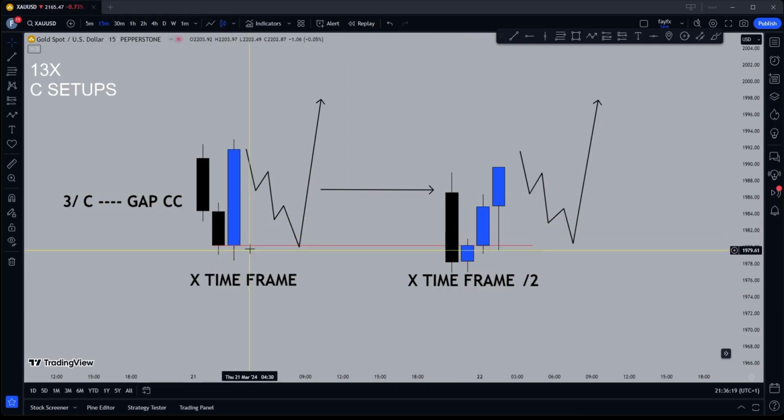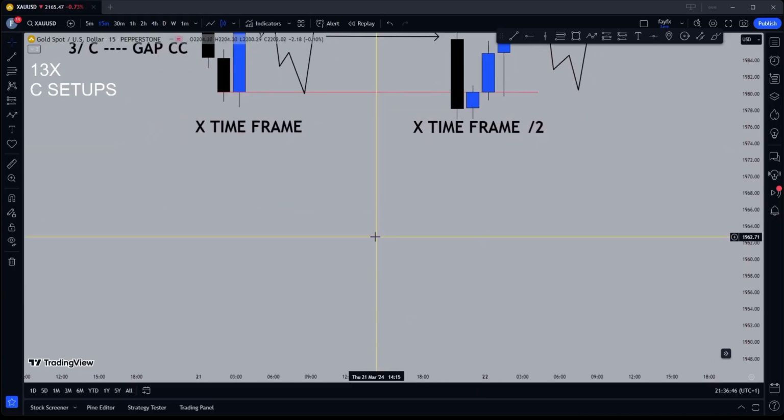Fresh level at X time frame, and fresh level at one time frame lower, but not any unfresh level, a specific one. This time it's a gap CC, classic to gap CC. This is the third entry.